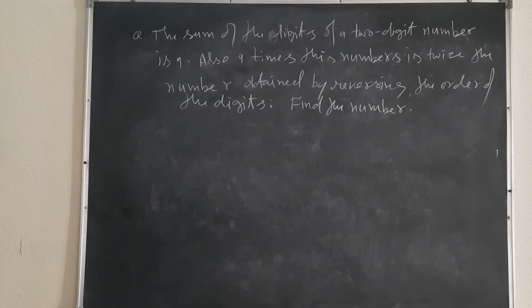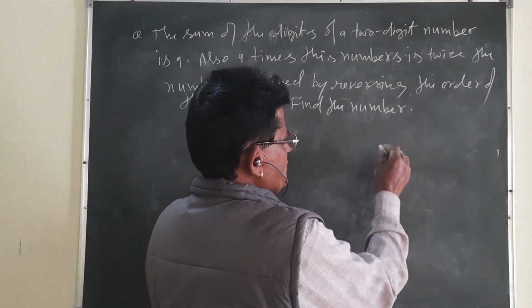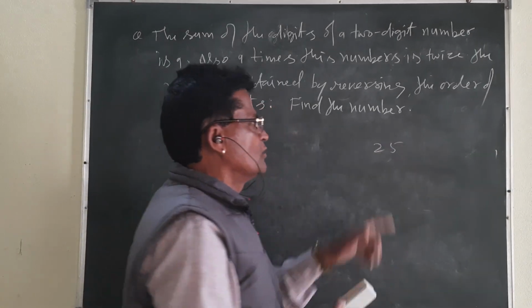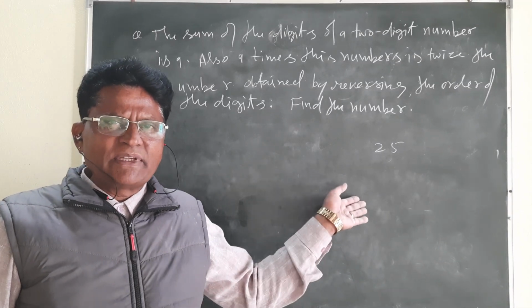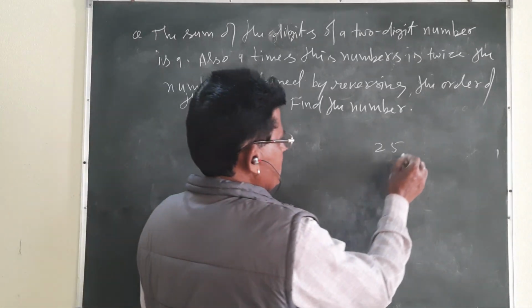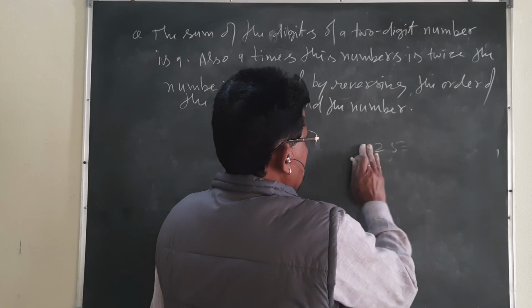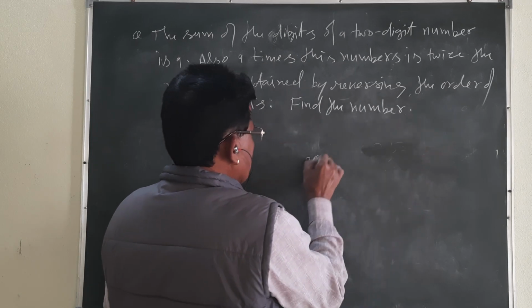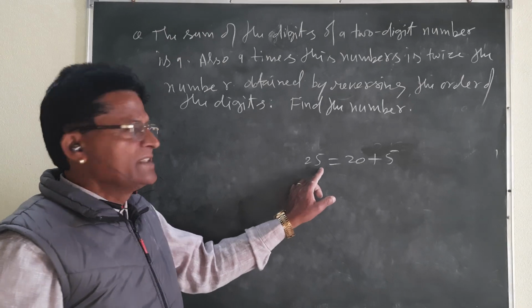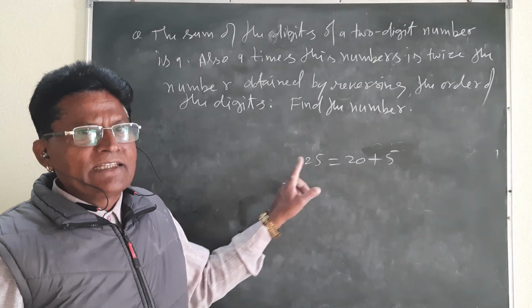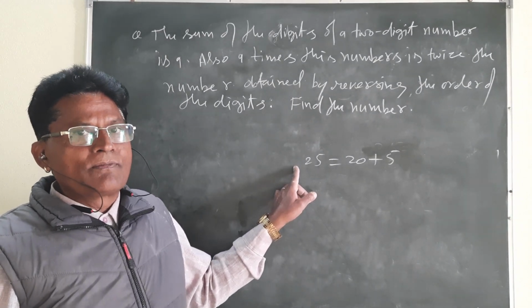Okay, my dear student, you must see. First of all, suppose I take any number, 25. This is a two-digit number. How may you break it? Try to understand the basic thing. 25 is equal to 20 plus 5. You see, the unit place digit is 5 and the tens place digit is 2.